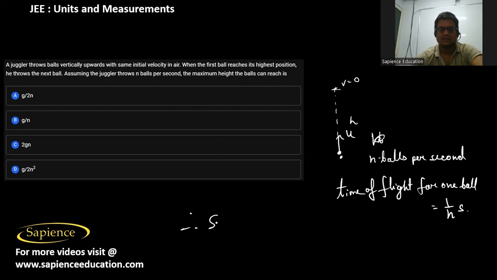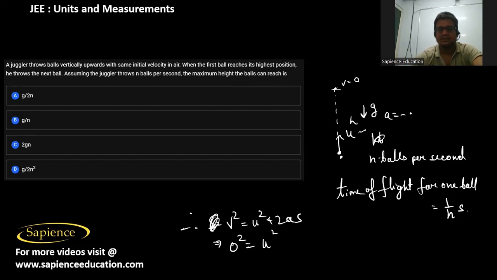So as you know, s equal to ut plus half at square, or I can say v square equal to u square plus 2as. So here the final velocity is 0, and let's say the initial velocity is u and g is acting vertically downward.